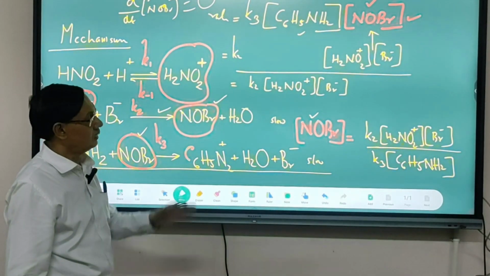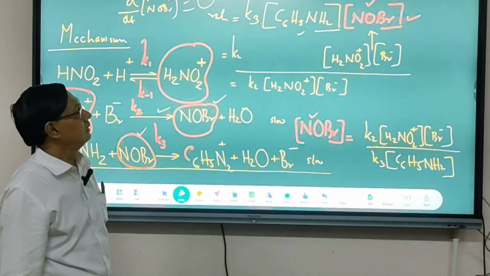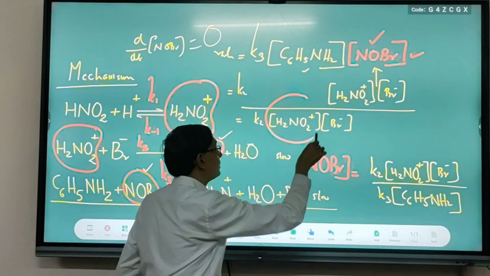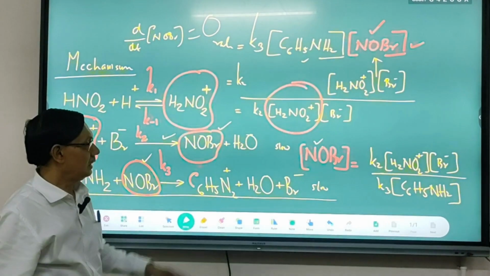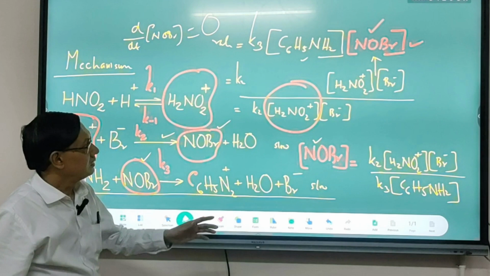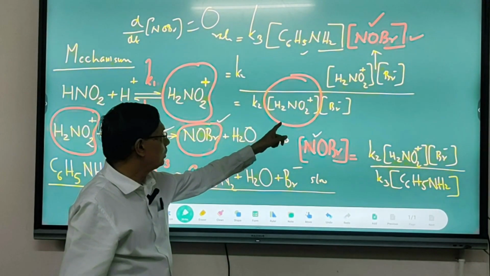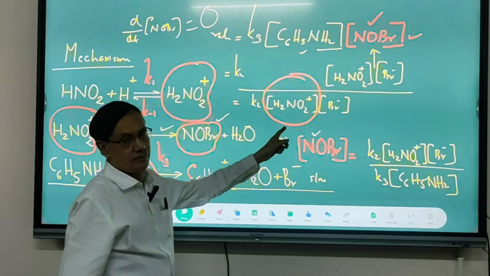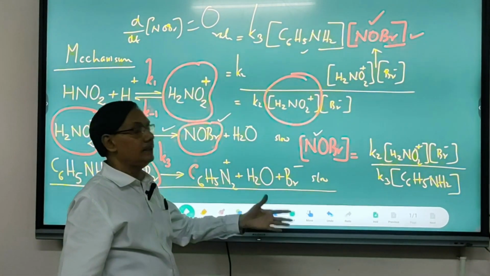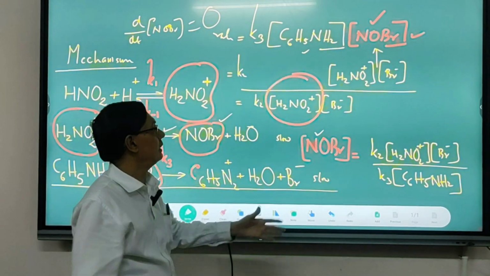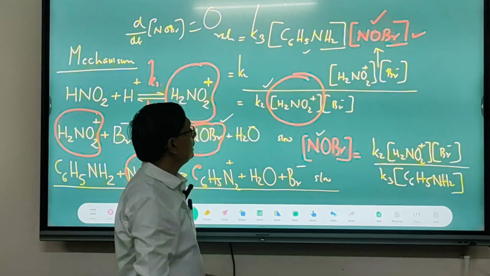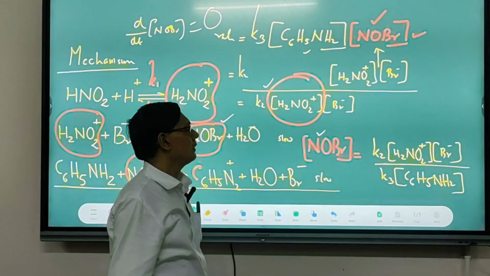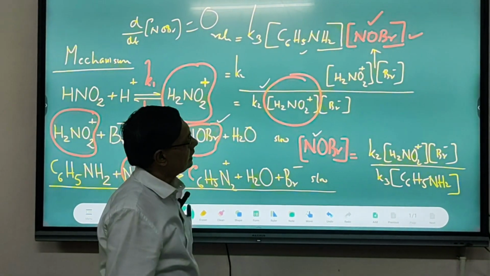But no, now the last step we have to solve, because here again this is also an intermediate. So in the last step, this H2NO2 must be eliminated, again applying the steady state approximation method. That means we have to eliminate this H2NO2 and you will get the final rate law. It is a very simple example of steady state approximation.